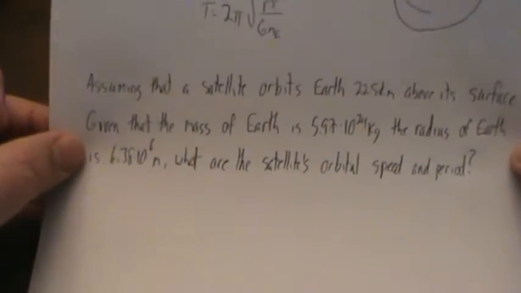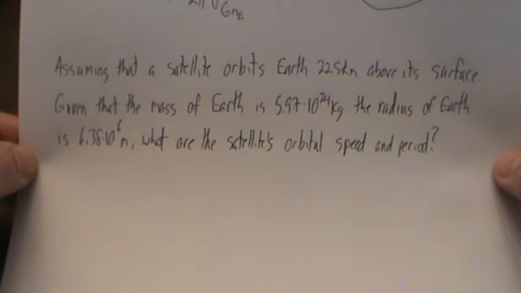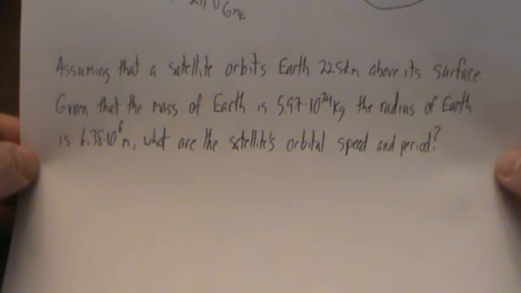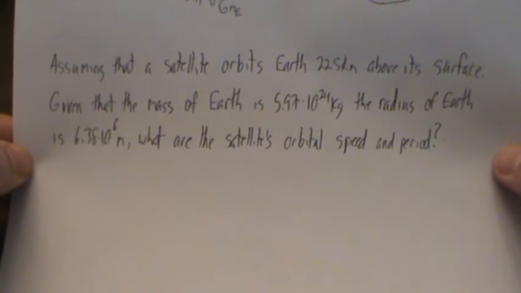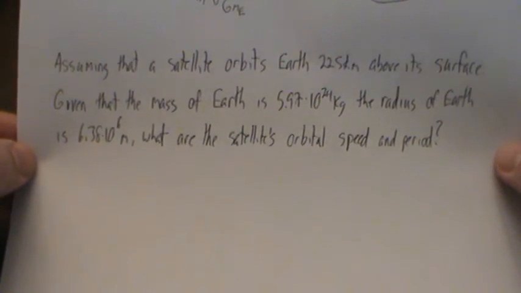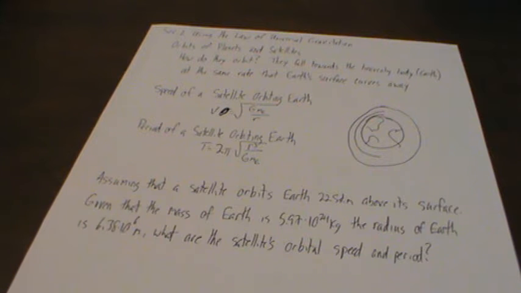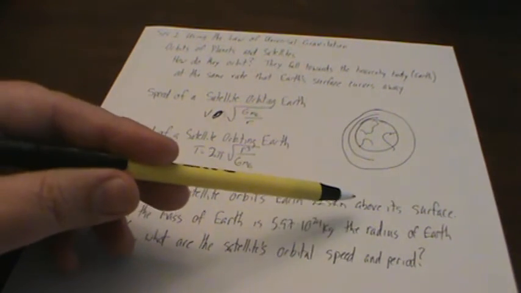It says, assuming that a satellite orbits Earth 225 kilometers above its surface, given that the mass of Earth is 5.97 times 10 to the 24th kilograms and the radius of Earth is 6.38 times 10 to the 6 meters, what are the orbital speed and period? The first thing we need to figure out is the full radius of this satellite's orbit, because it is 225 kilometers above the surface.